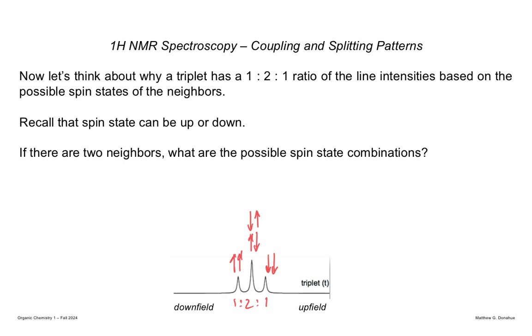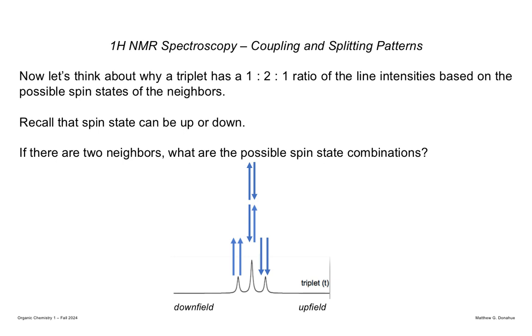So all of these nuclei, when they spin, they act like little magnets that affect the signal of interest. And so what they're doing is your first approximation, they're pulling it downfield and upfield, and then based on the number of combinations, you get a doublet, triplet, quartet. So there it is with the little vectors drawn in to show you that.